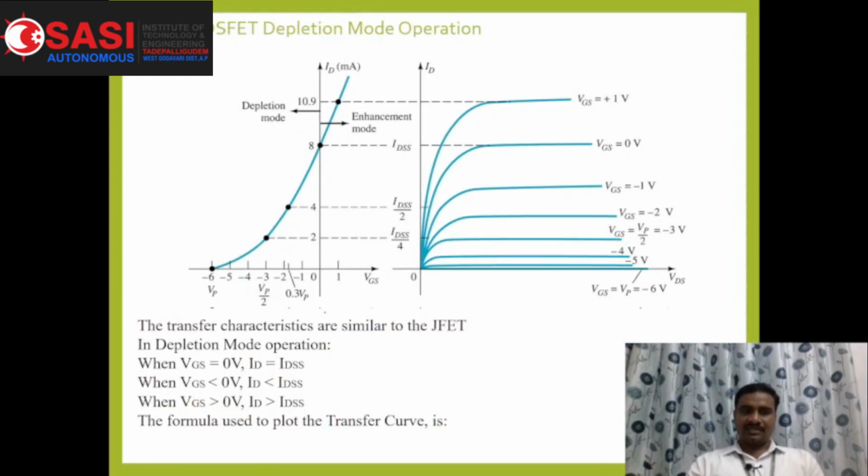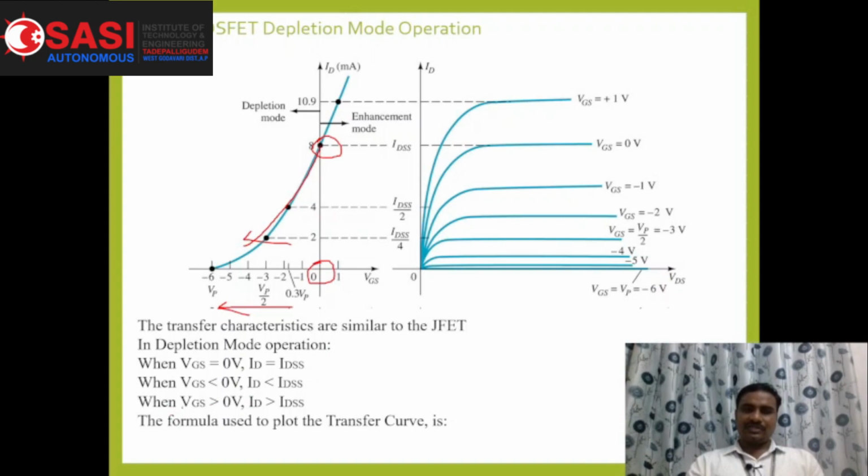You can observe here the transfer characteristics are similar to the JFET. In depletion mode of operation, when VGS is equal to 0, IDS is equal to IDSS. Then when VGS is less than 0, that means going towards a negative value, your IDS also goes towards negative, that is in the depletion region only.